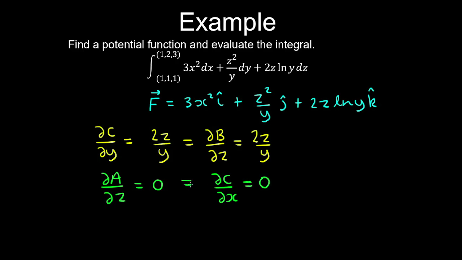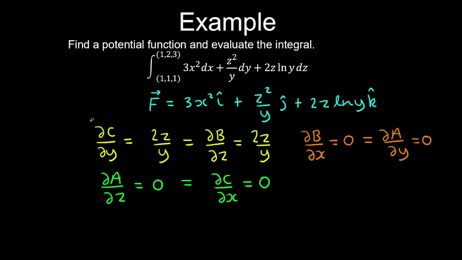So that's also true. And then we take the partial of B with respect to x, which is 0, and compare that with the partial of A with respect to y, which is also 0. So therefore, the differential form passes the test for exactness, and therefore, assuming y is greater than 0, so the domain of F is simply connected, we conclude F is conservative by the component test.